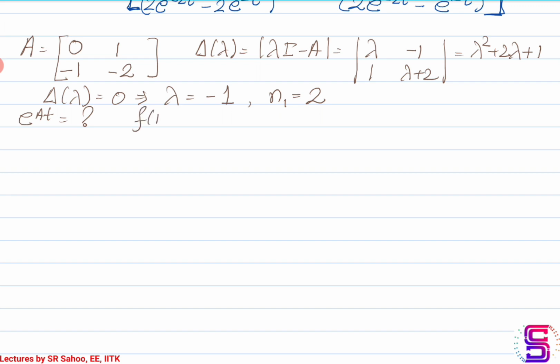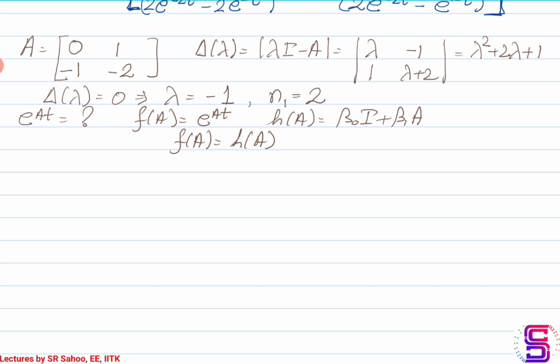So again, f of A is e power At and h of A is beta 0 I plus beta 1 A, and we have that f of A has to be equal to h of A for suitable coefficients beta 0 and beta 1.